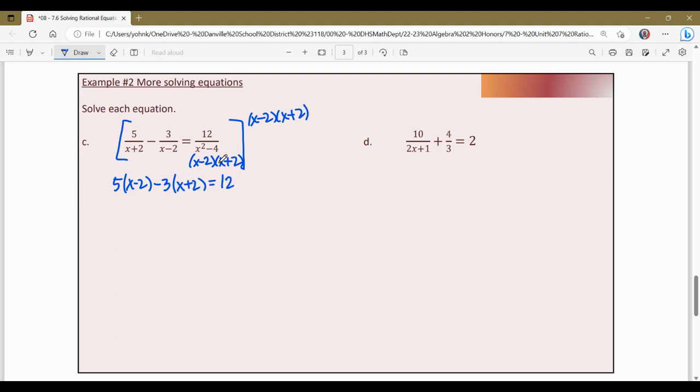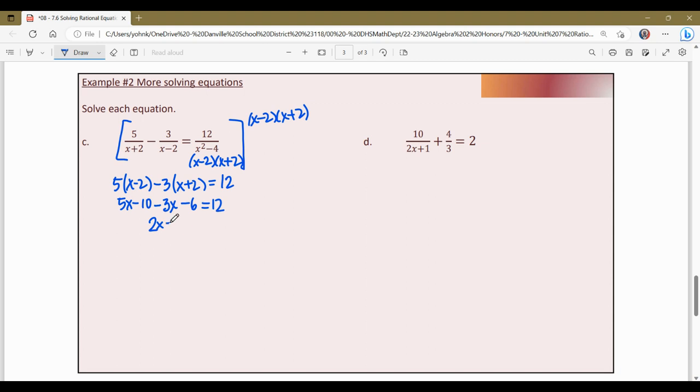Equals 12, and my x minus 2's and my x plus 2's go away. So I've got 5x minus 10 minus 3x minus 6 equals 12. Collect your like terms. 5x minus 3x is 2x.